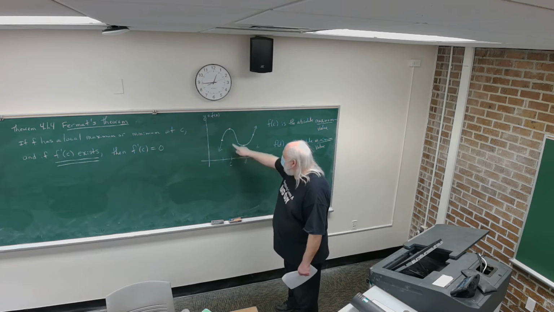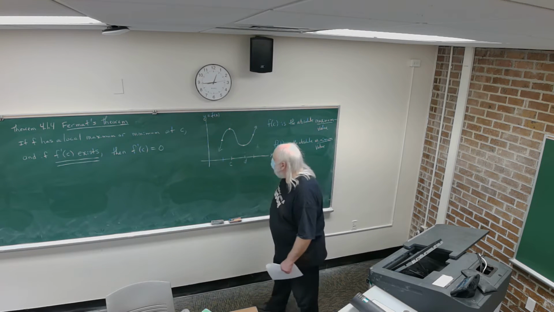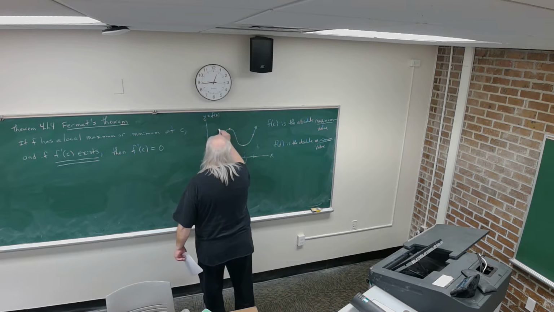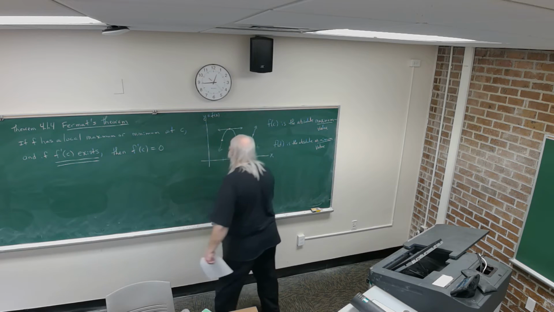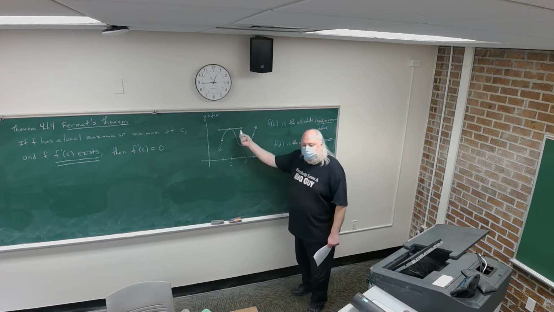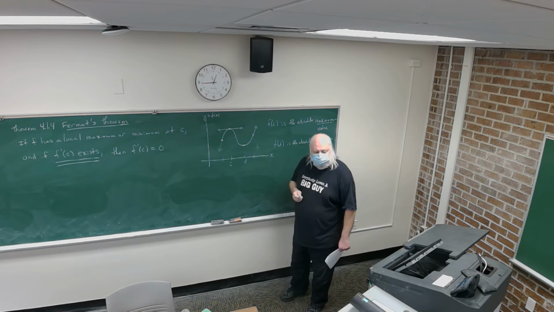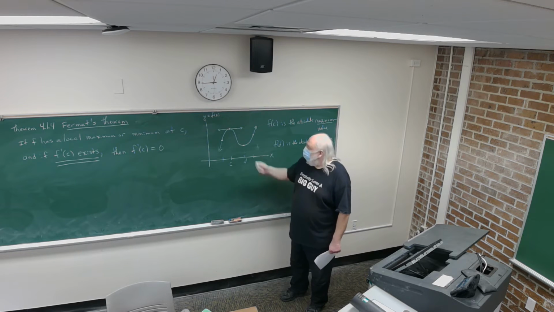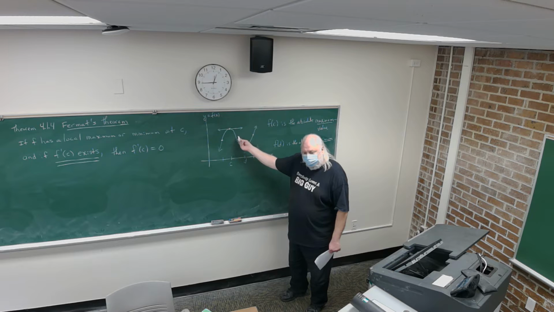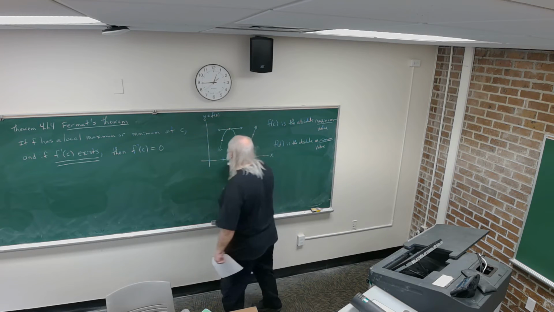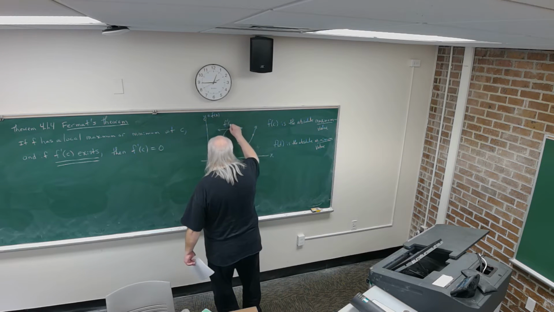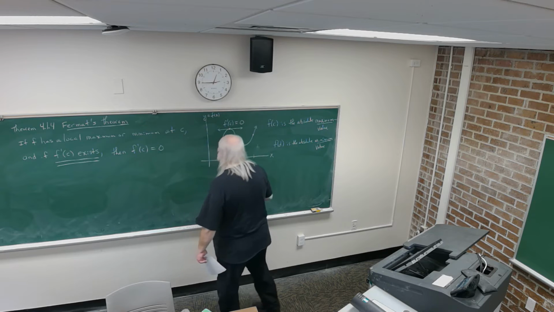So you can see at this local maximum, the tangent line is horizontal. And the slope of the tangent line is equal to the derivative of the function. The slope of the tangent line is 0, and it's equal to the derivative of the function at x equals c. So we have to have f prime of c equal to 0.